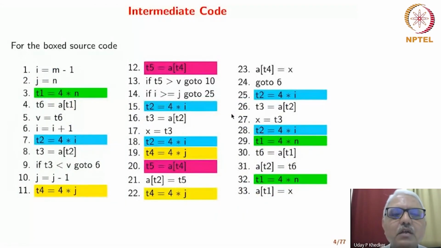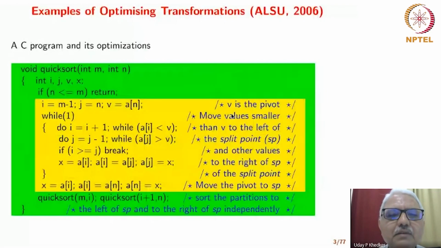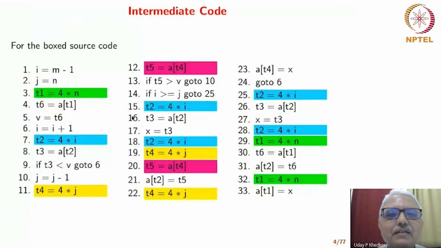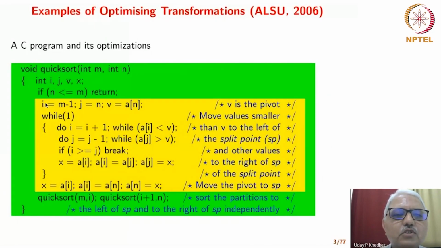So we're talking about a high-level program in C, and then we're talking about a compiler representing it in an intermediate form called 3-address code, where we have at most 3 variables involved in any assignment. And you can see that we have this i is equal to m minus 1, which corresponds to this assignment i is equal to m minus 1.